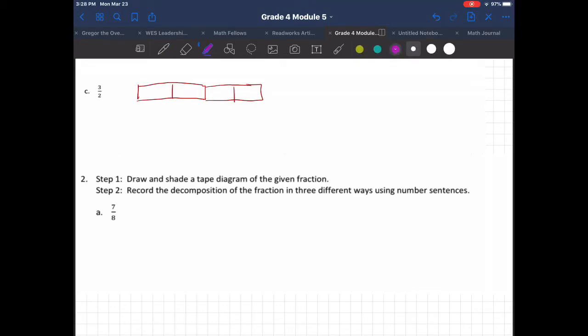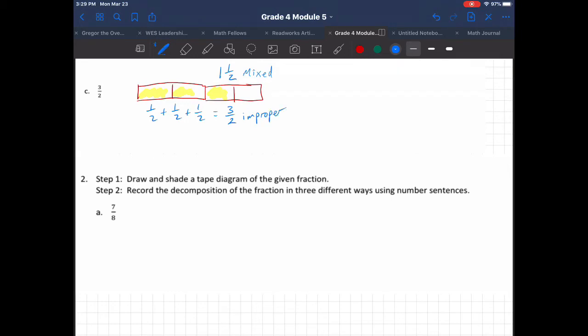So I'm gonna shade in 1, 2, 3 of the halves. I'm going to write out with unit fractions. That's a half plus a half plus a half equals a total of 3 halves. By the way, this is also 1 and 1/2. Mixed number up here. This is improper.